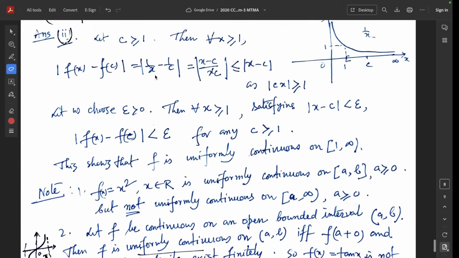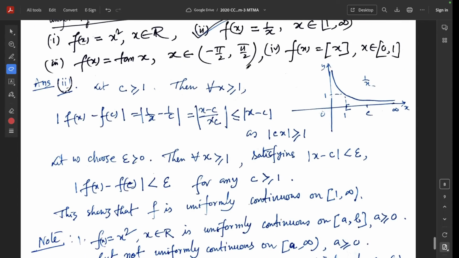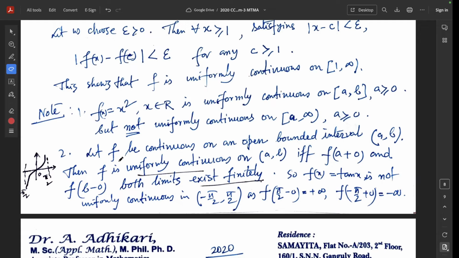And f(x) = tan x, x belongs to the open interval −π/2 to π/2, is not uniformly continuous, because we know that if f is continuous on an open interval (a, b), then f is uniformly continuous on (a, b) if and only if f(a+0), the right-hand limit at the lower bound, and f(b−0), the left-hand limit at the upper bound, both exist finitely.